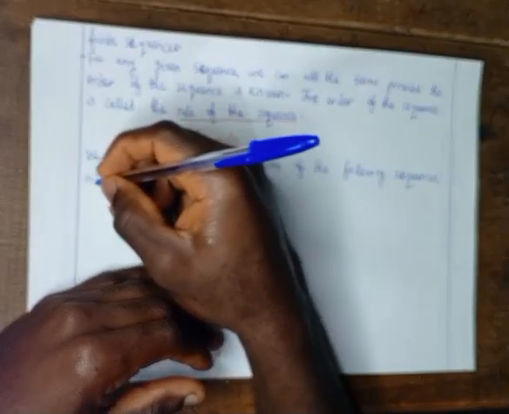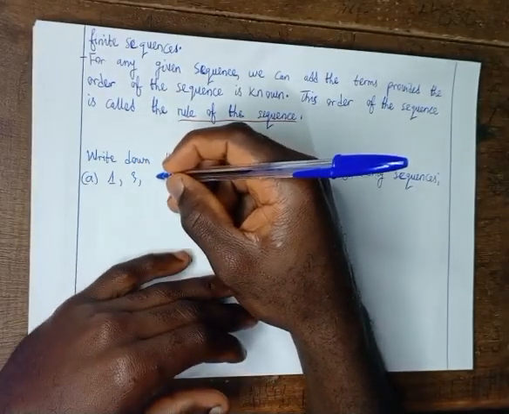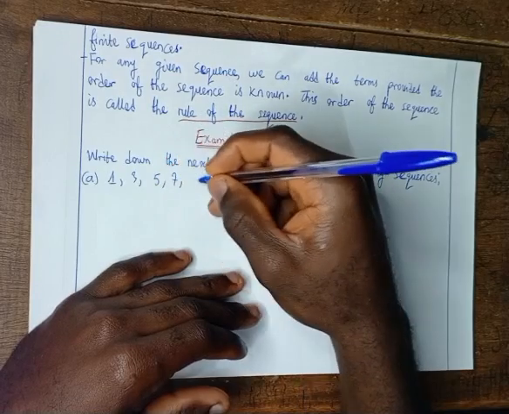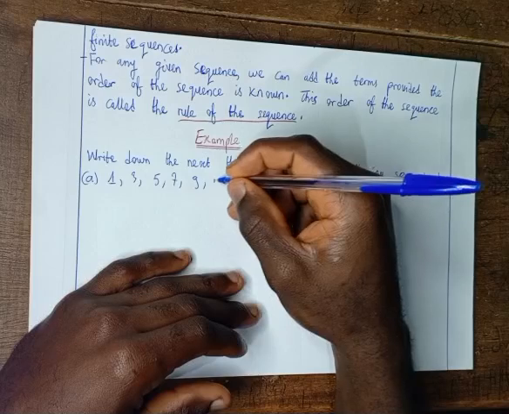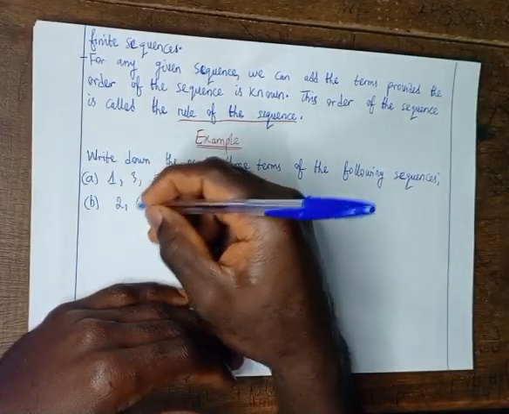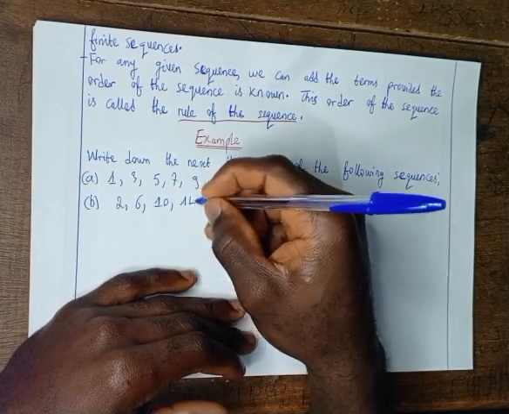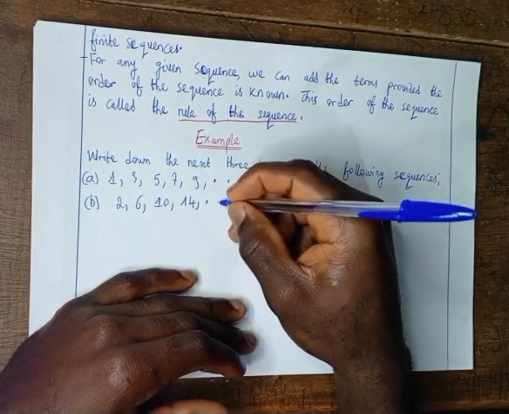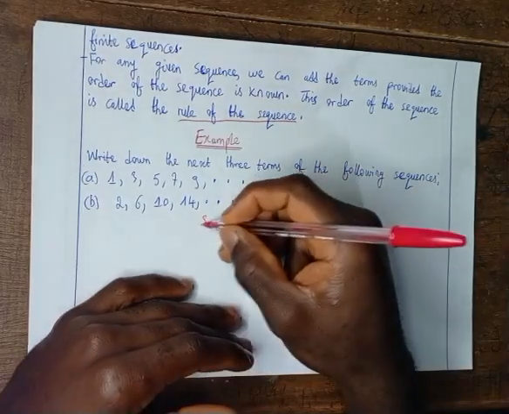For A, we have the sequence 1, 3, 5, 7, 9, 3 dots. This is an infinite sequence. For B, we have the sequence 2, 6, 10, 14, 3 dots.